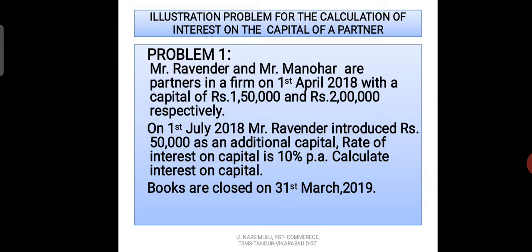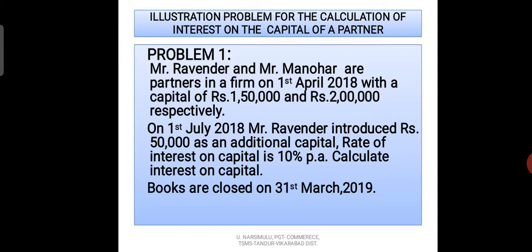Now, so 4 points you can go to observe and remember while we calculate interest on capital. All these points are useful for us. So first one, opening capital of the partners and the opening date, and second, closing date of the books. Third point, rate of interest that we are going to use while calculating interest on capital.